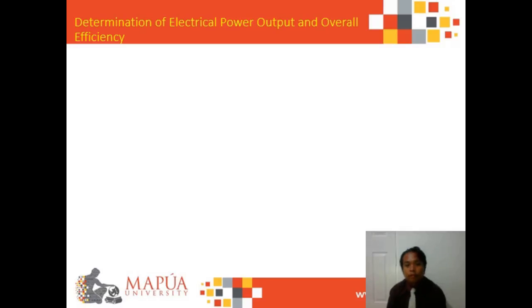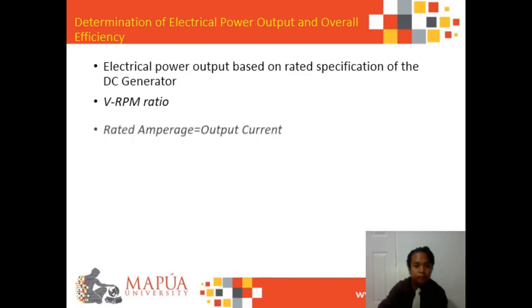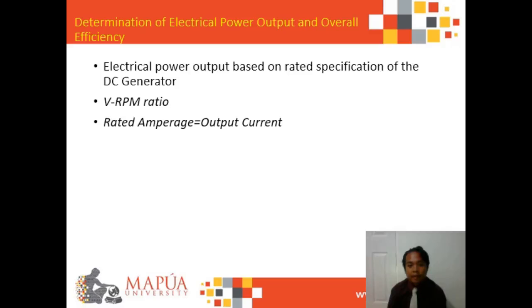Determination of electrical power output and overall efficiency. The electrical power output is based on the rated specification of the DC generator. We got the volt to RPM ratio using the data sheet provided for the generator, and using that we were able to get the rated amperage, and the rated amperage was used as the output current.